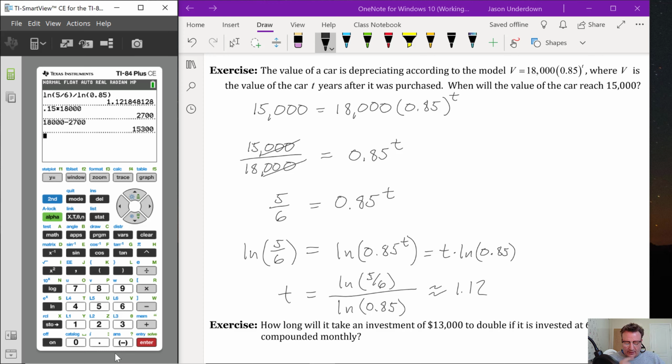It's 15,300. Yeah, so it's going to take just a little bit more than 1 year to go down to 15,000. So this seems like a legitimate answer to me. So 1.12 years. Okay.